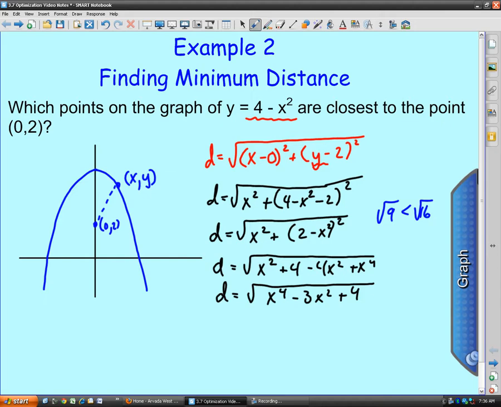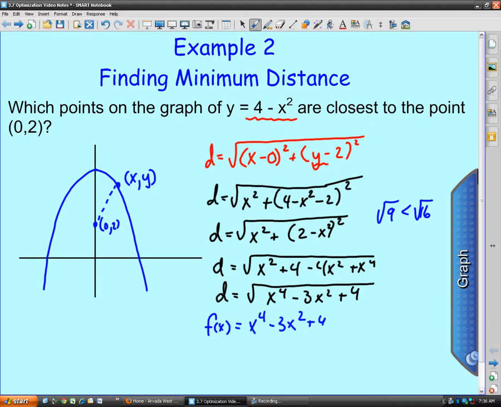The smaller the number underneath will still give the smaller number, so I don't need the square root. The function that I'm going to differentiate is this function without the square root. My f of x is really going to be x to the 4th minus 3x squared plus 4.